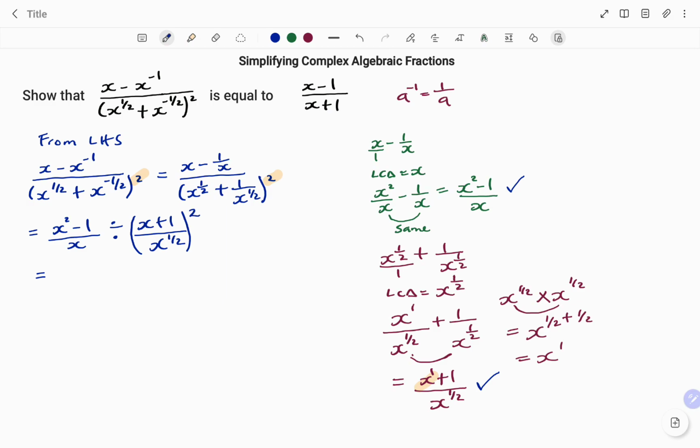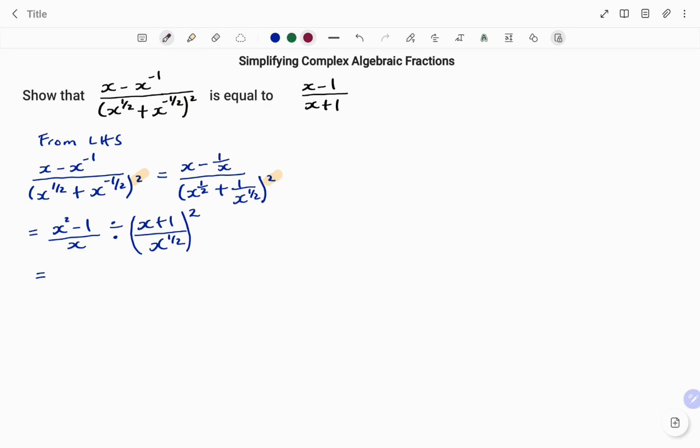Laws of exponent again: if I have a over b all raised to the power of x, it is the same as a to the power of x over b to the power of x. The exponent outside multiplies all the powers inside the bracket. So I'm going to do the same for x plus 1 over x to the power of 1 over 2.